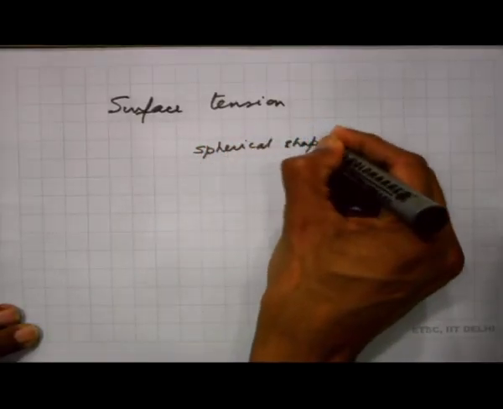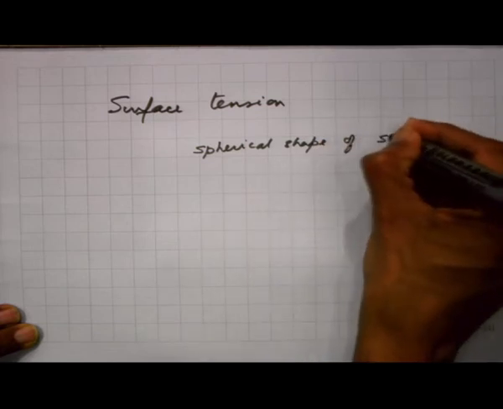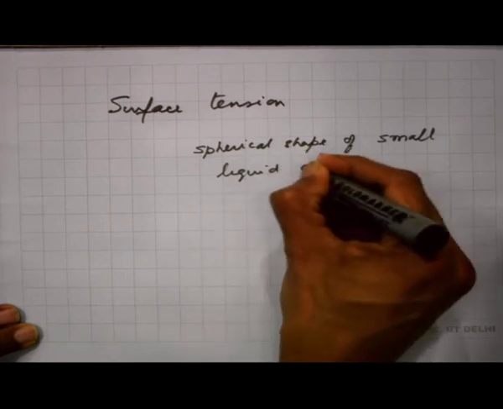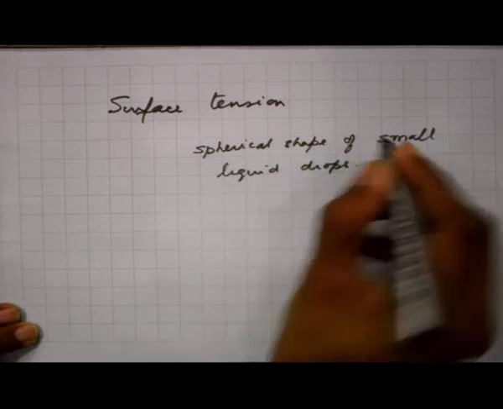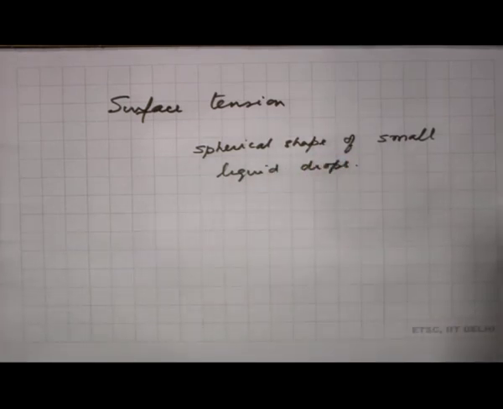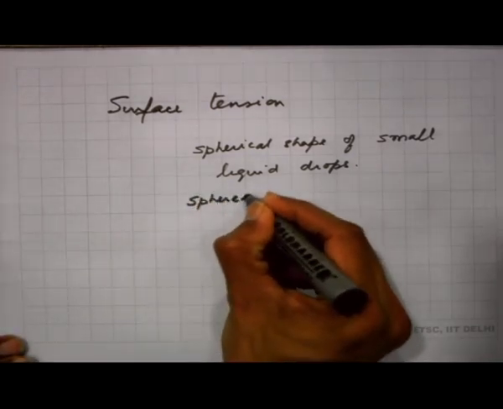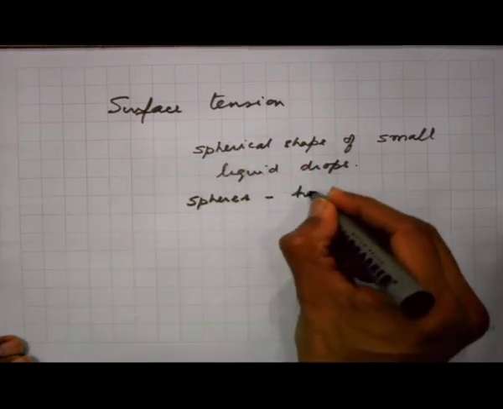And we also know from geometry that spheres, for the same volume, have the smallest surface area.